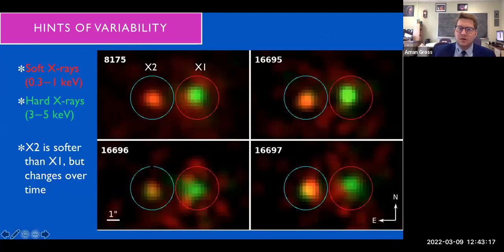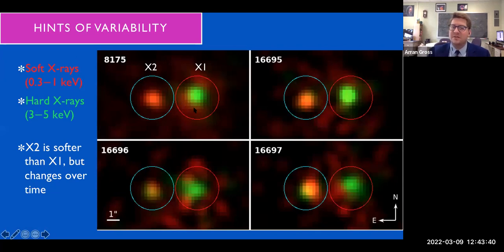So looking at each of those 4 different observations, observation 1, 2, 3, and 4, we have our 2 regions. And it's important for me to mention that these have been aligned, we tested several methods, so there is no noticeable astrometric offset between these. And so a couple of things we noticed.